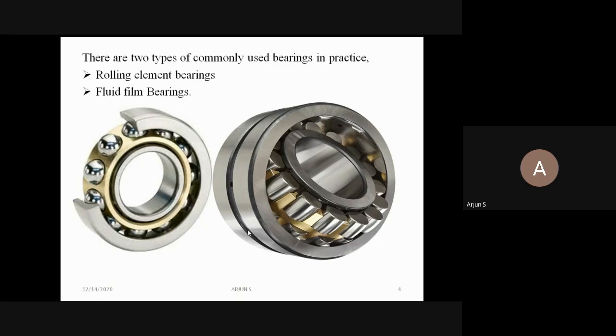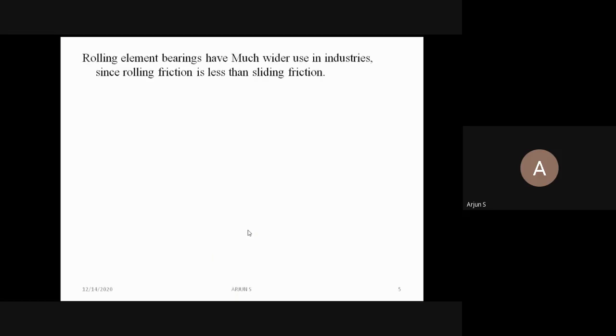As I told, there are two types of main bearings commonly used in practice. One is the rolling element bearing, and another is the fluid film bearing. Rolling element bearings have wider uses in industries since the rolling friction is usually lower than the sliding friction. Lubricants used in rolling element bearings are usually grease.